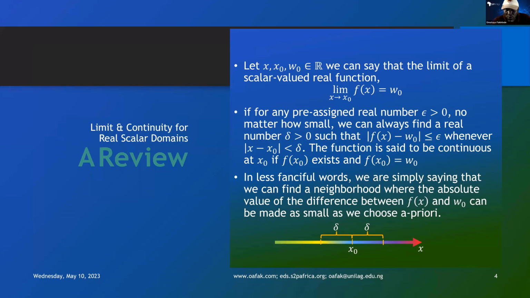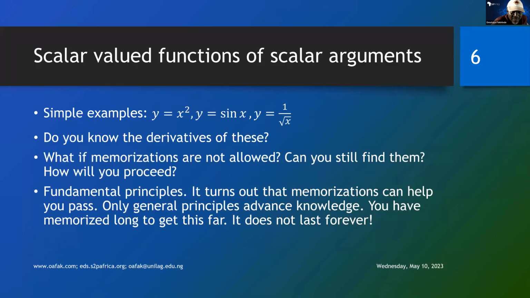Now, if you want to differentiate with respect to that argument, then you have problems, because the concept of limit and the concept of differentiation require division with respect to the argument, and you cannot divide by vectors or tensors. And that is what necessitates moving to something else.